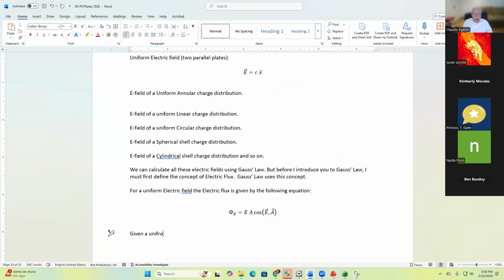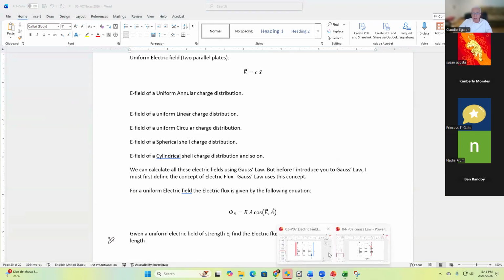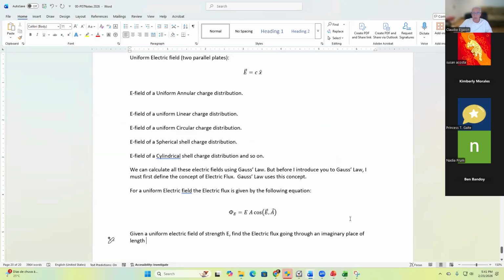Given a uniform electric field of strength E, find the electric flux going through an imaginary plane of length B and width A, where the surface of this plane makes a 90-degree angle with the electric field.